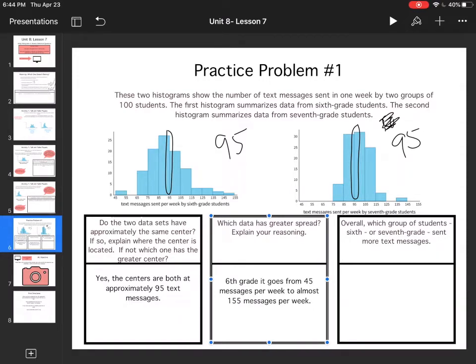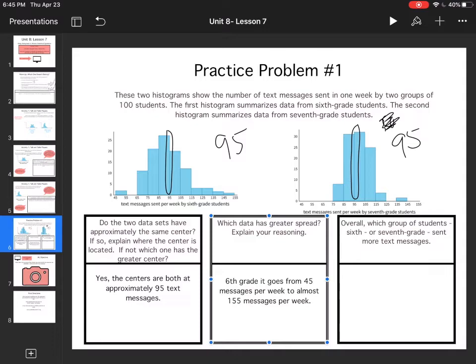If you look at the 6th grade data, while the spread is bigger, they did between 85 and 95. But that's also where the 7th grade is.